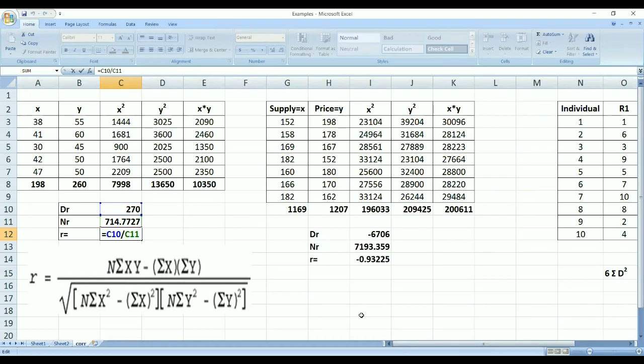Yeah, हो गया सबका? What is the value of R? So what you can say, this R is 0.3.